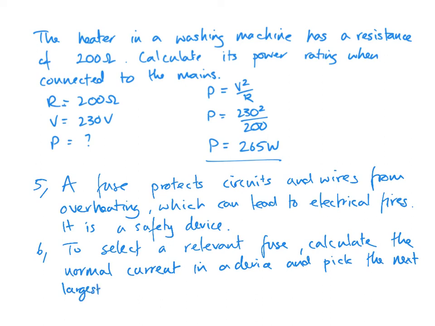So for instance, in houses, the commonly available fuses for plugs in houses are 3, 5 and 13 amps. In this course, I tend to just concentrate on the 3 and the 13 amps.